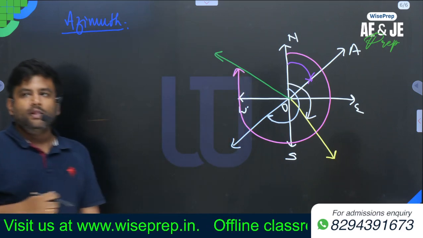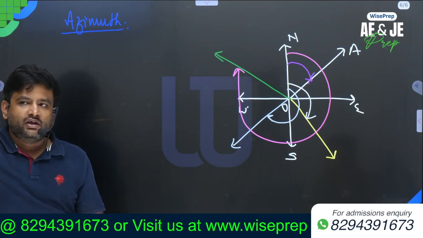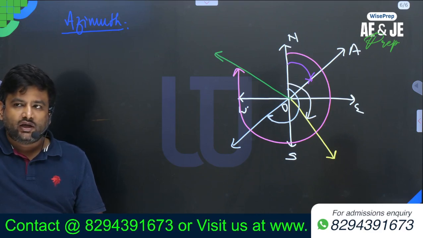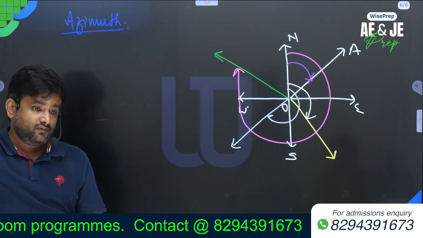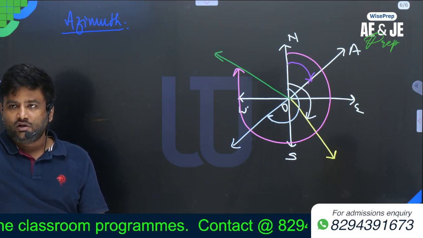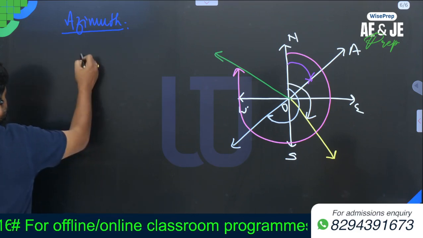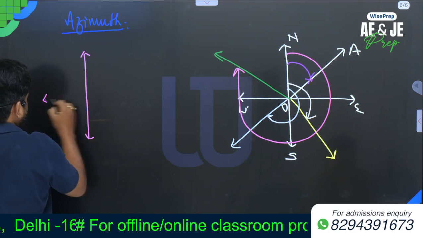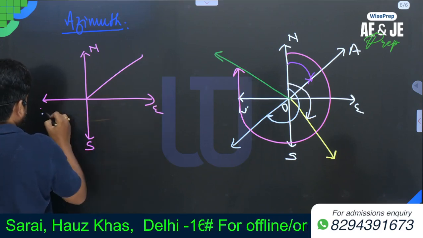But azimuth does not specify the direction of measuring the angle between the true meridian and the survey line. Why? Suppose it's in the first quadrant, north, south, east, and west.